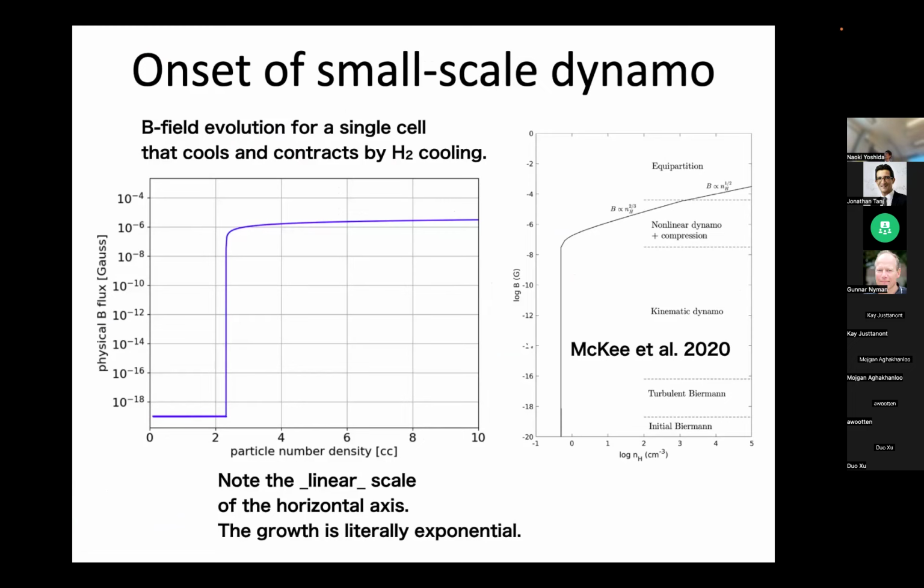Once the small-scale dynamo sets in, the increase is literally exponential. Even if we start from a very tiny seed of 10 to the minus 18 or so, it quickly goes up to 10 to the minus 6 Gauss, micro Gauss or so. And here I show the development as a function of the gas density in linear scale. So you now appreciate this exponential growth in this way.